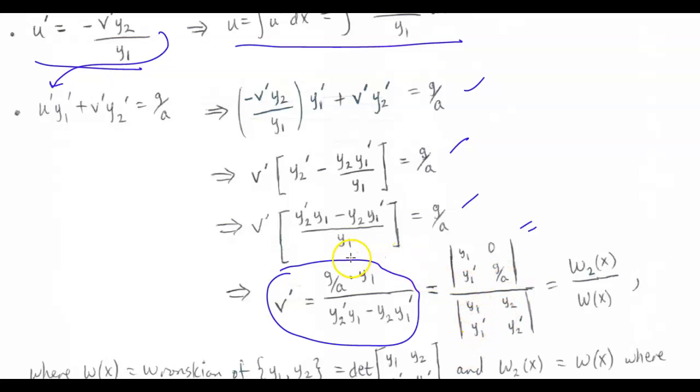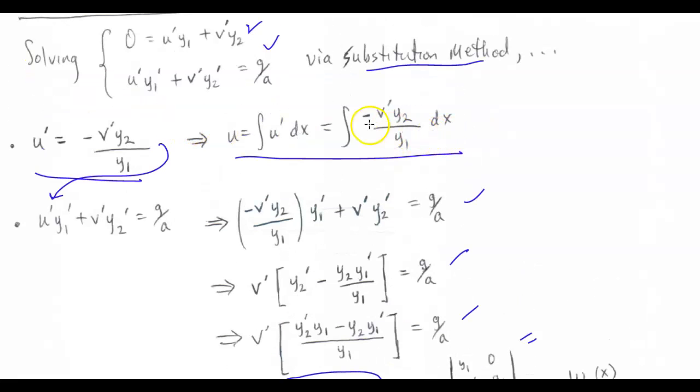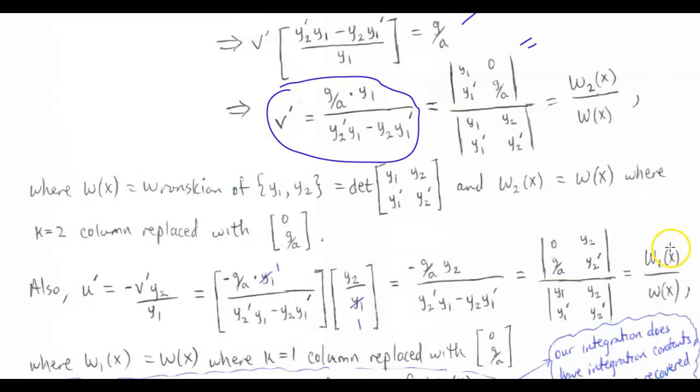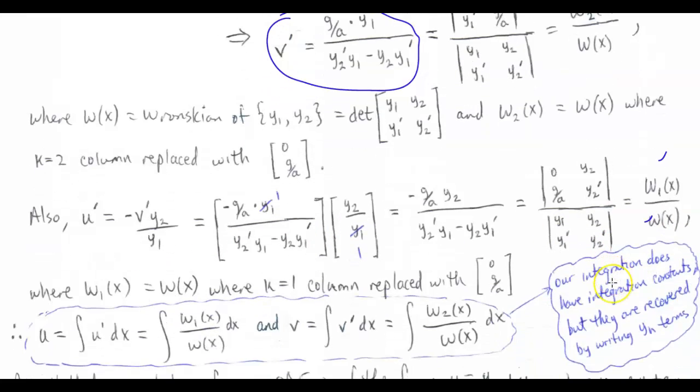And of course, if we do the same thing here for u prime, you're going to see that it works out to be this Wronskian sub 1 divided by the Wronskian. Okay. So once we work out everything here, once we know exactly what this looks like, we can substitute that back into u prime, and we see it ends up looking this way.